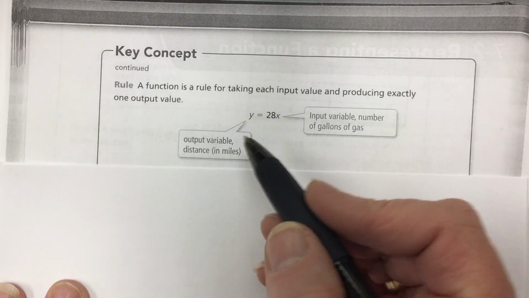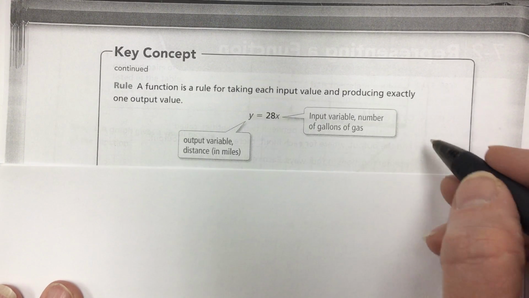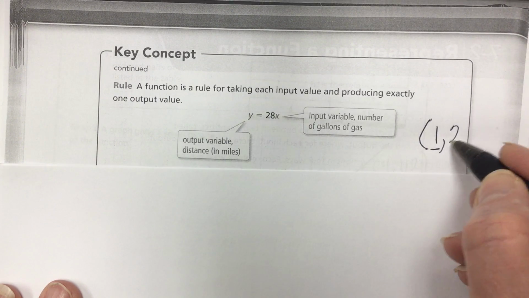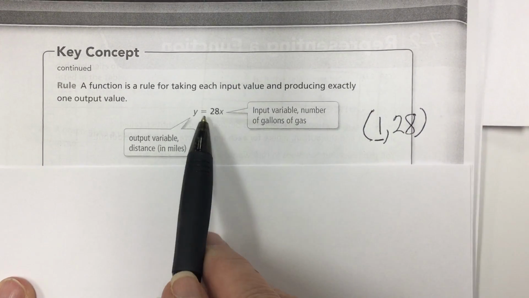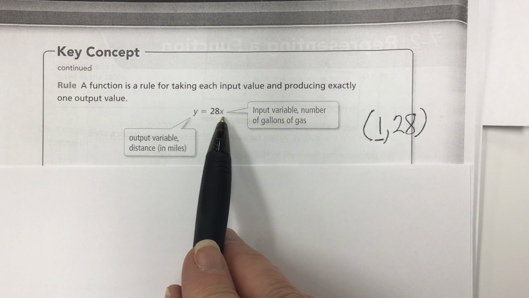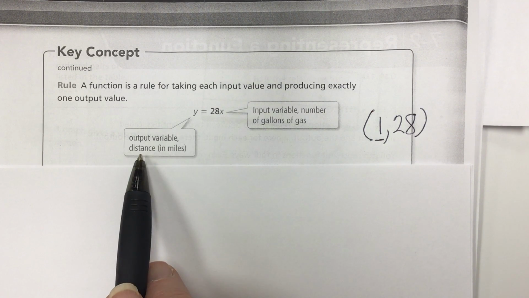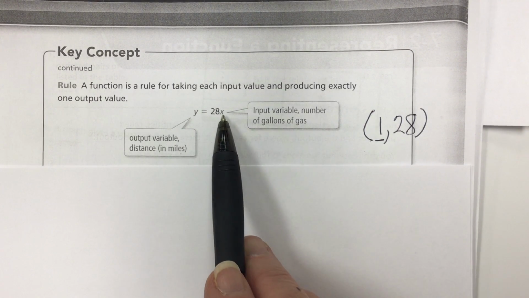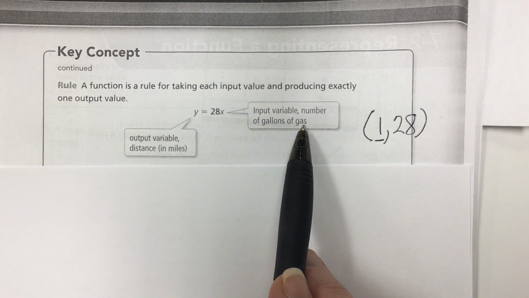We have the equation y = 28x. Remember, per 1 gallon of gas, we can travel 28 miles. So therefore, we can write the equation y = 28x. y is the output variable, distance in miles. x is the input variable, number of gallons of gas.